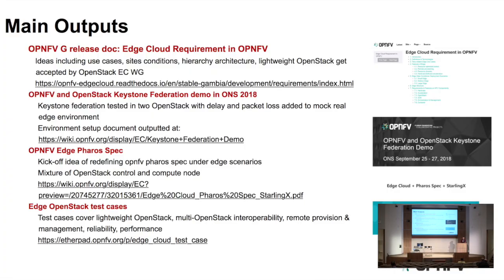Then there's this idea of a Pharos specification. Pharos is a specification in OPNFV which describes, you could think of it as a baseline deployment environment, meaning compute, networking, and storage.